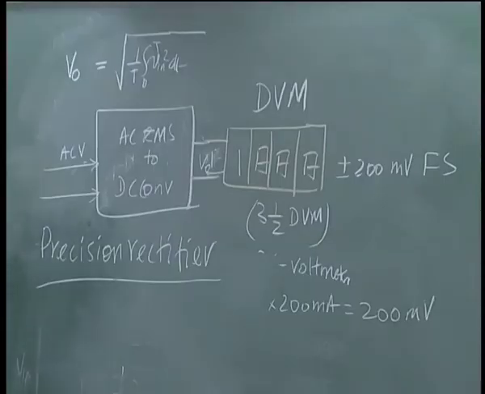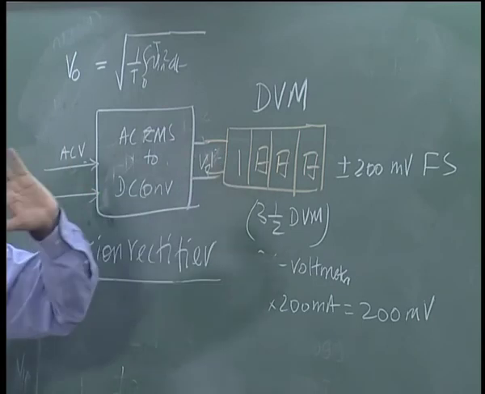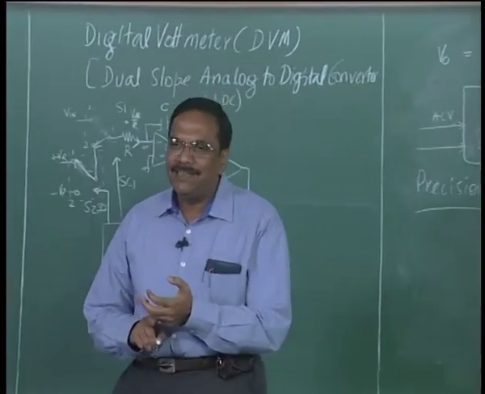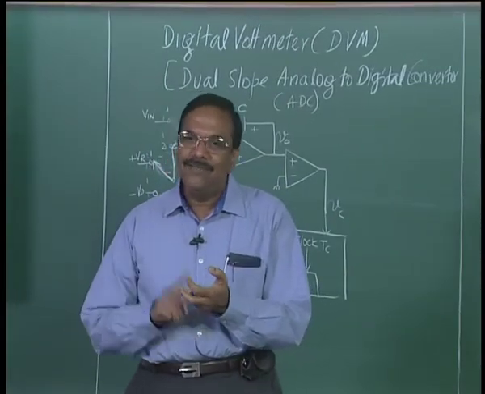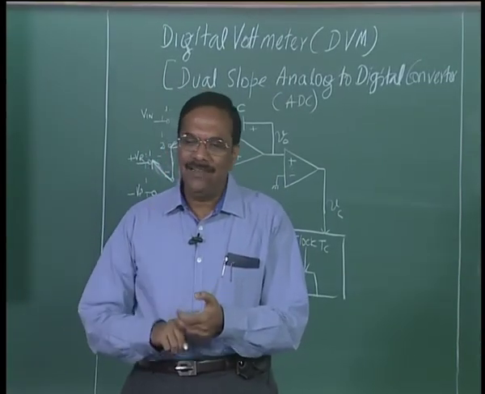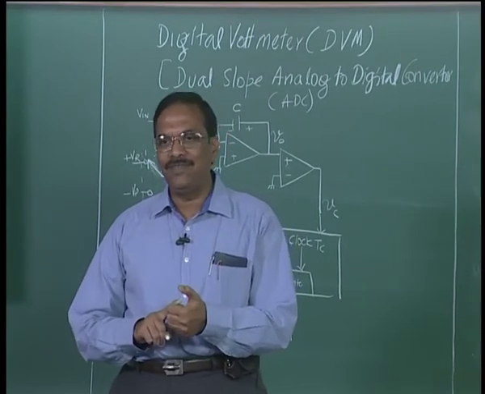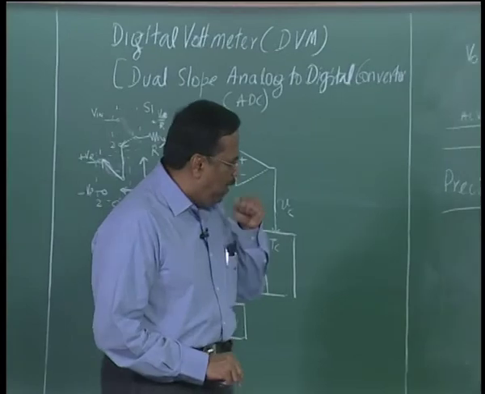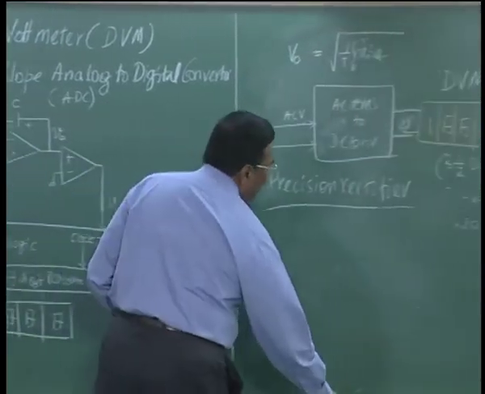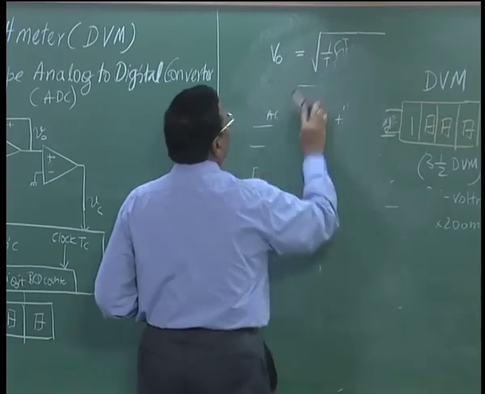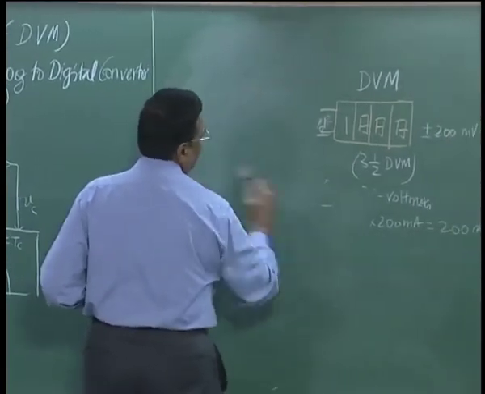So now using the same DC digital voltmeter, we can measure different levels of DC currents, different levels of DC voltages, different levels of AC voltages and different levels of AC currents.